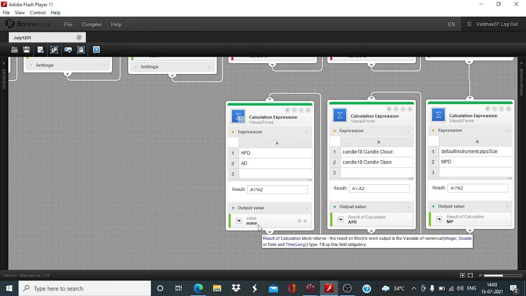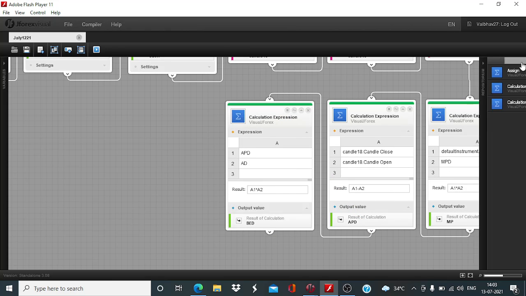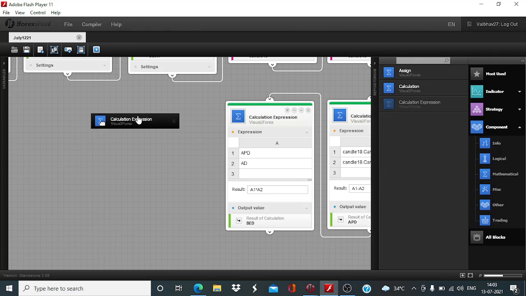And we will deduct this output from the last tick price to arrive at the execution price.